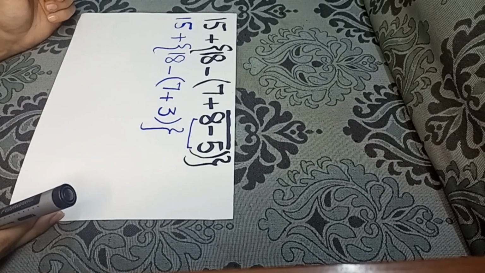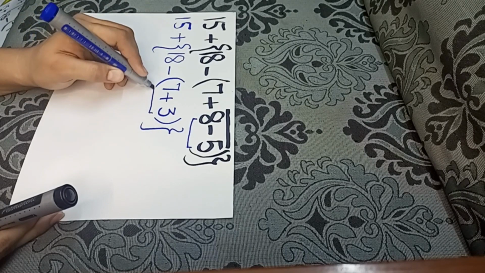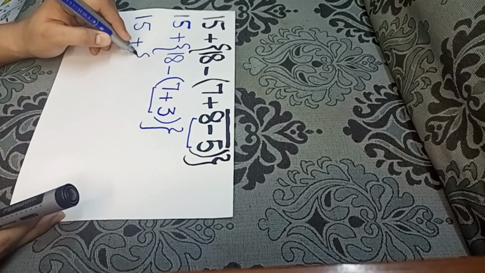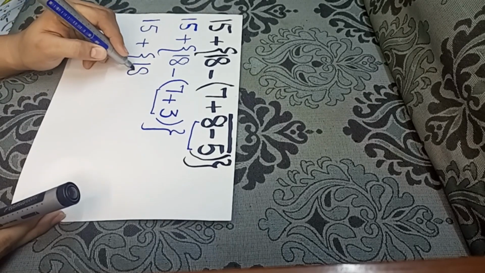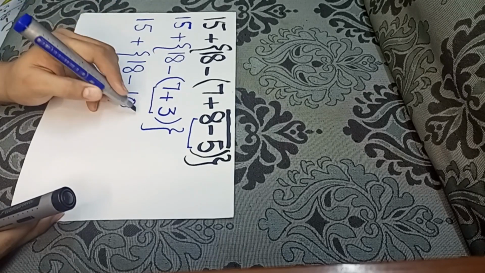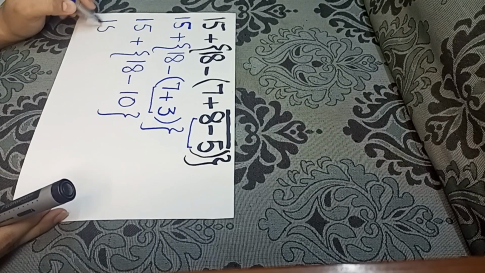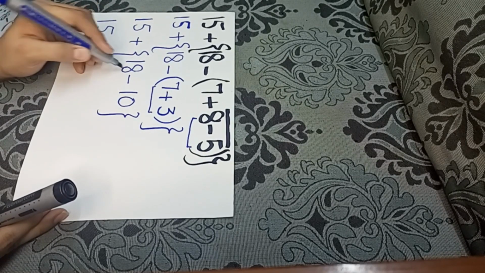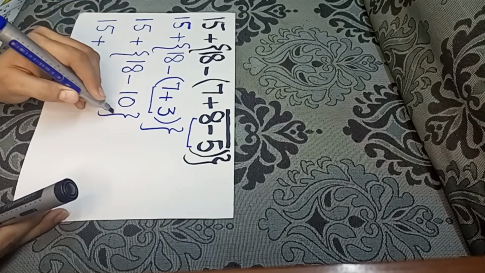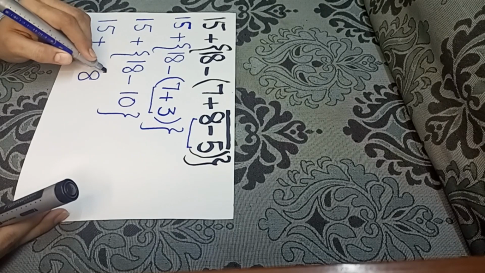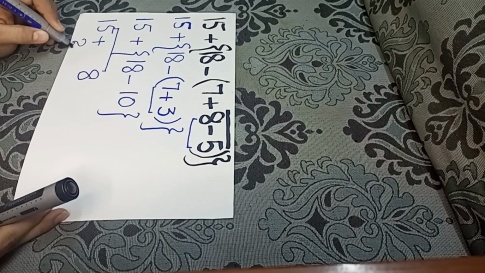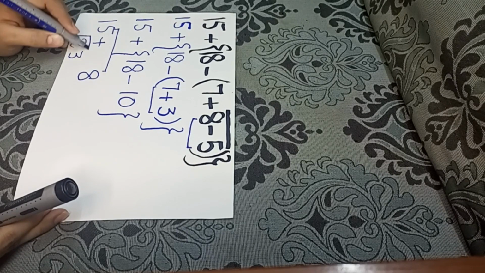The bar bracket has been removed. Now you have to solve this common bracket or small bracket. Copy the remaining numbers as they are. 7 plus 3 is 10. Here, 18 minus 10 is 8. That means you have to remove this curly bracket as well. Now, in the end, you have to solve these two numbers, which equals 23. 23 is the final answer.